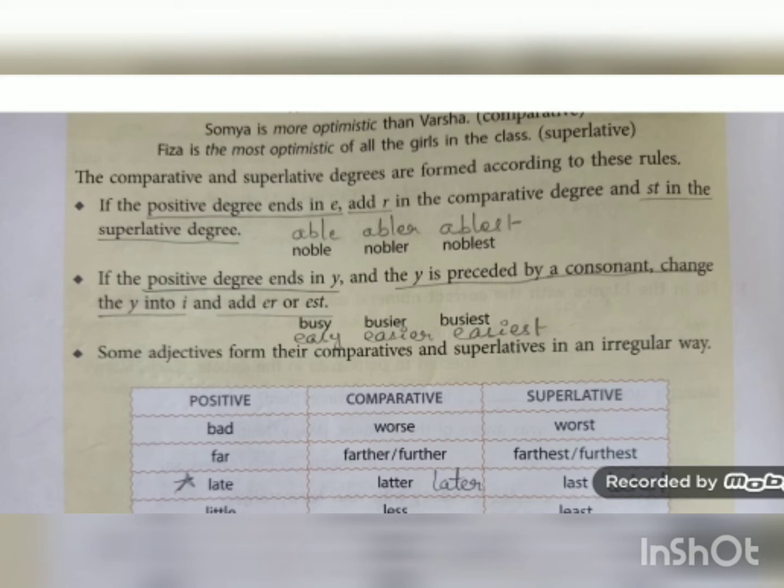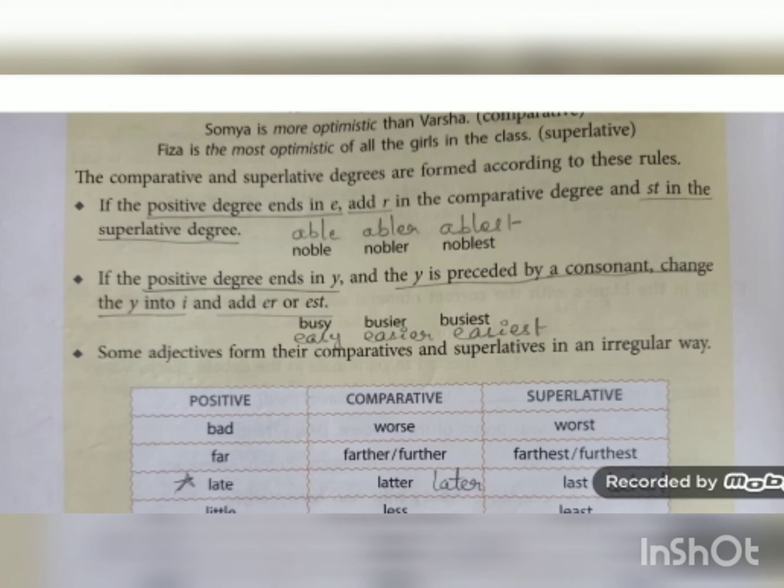Okay, so now come to the next rule. If the positive degree ends in Y and the Y is preceded by a consonant, change the Y into I and add ER or EST. Suppose an adjective ends with Y and just before Y there is a consonant. Consonant means other than A, E, I, O, U, other than the vowels. All others are consonants.